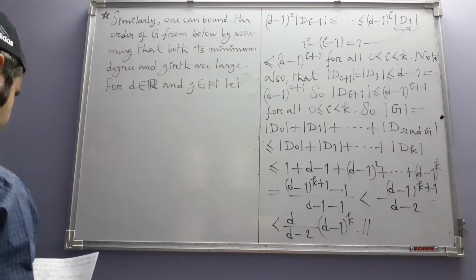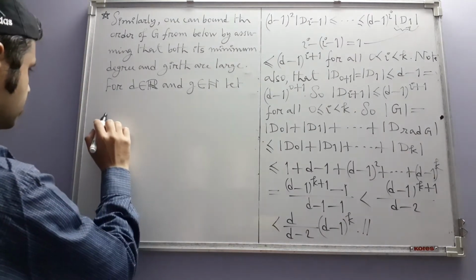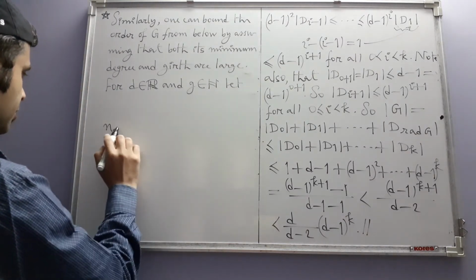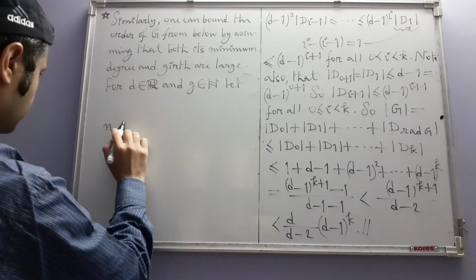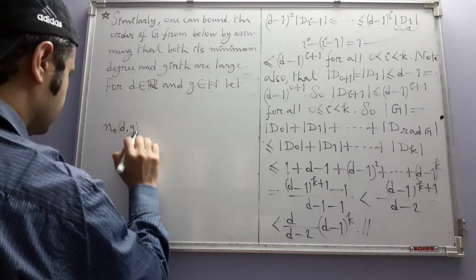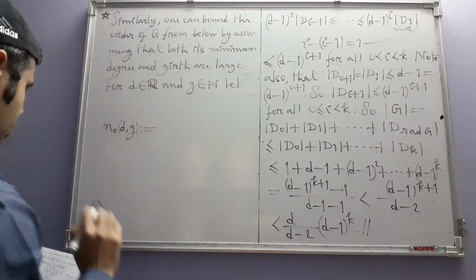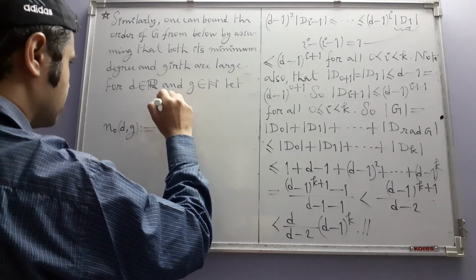be defined a number denoted by n naught of d comma g, and the number is defined like this.